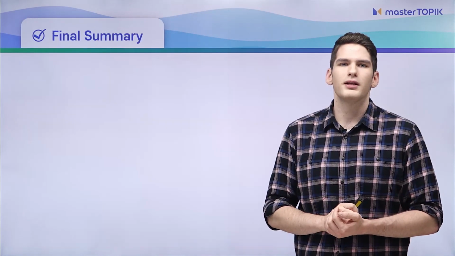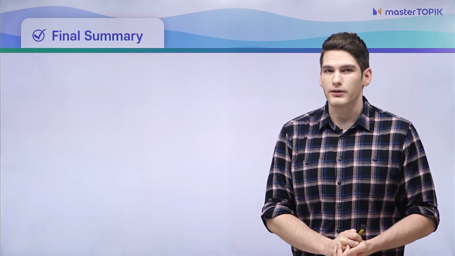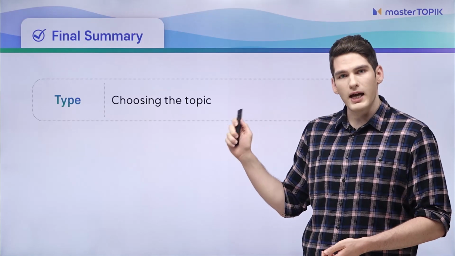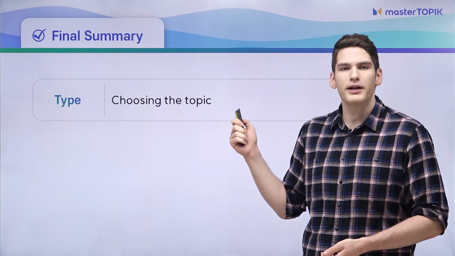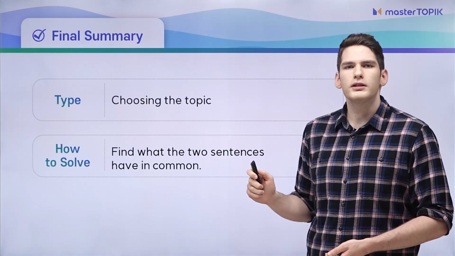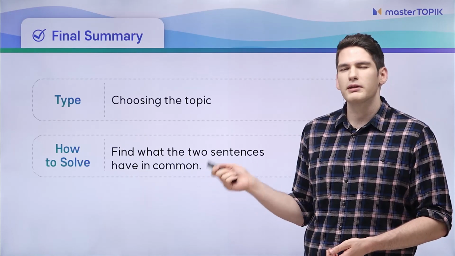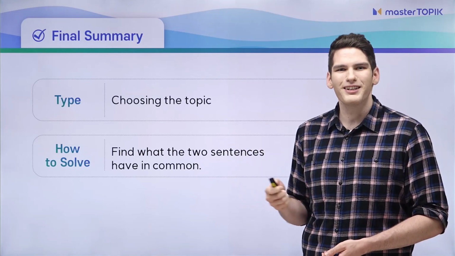All right, we're already at our final summary. Again, the type: we're choosing the topic. We're going to have 2 sentences, and you're choosing the topic, choosing the theme, right? How to solve it? Just find what the 2 sentences have in common. This is at the beginning of the test, so it is a little bit simpler. You can save on the brain power, right?